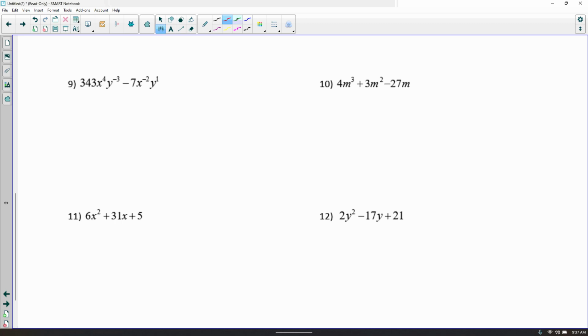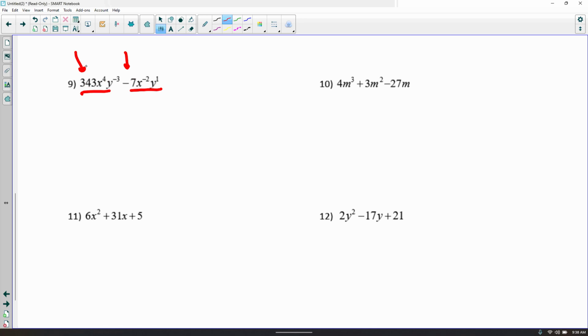So if I'm looking at this problem, I have 2 terms, correct? And what do I have right there in the middle? A minus sign, which means this is probably, and could be, a difference of perfect squares. It could be. Or it could be a sum or difference of cubes. I do have 343 sitting right there, right?